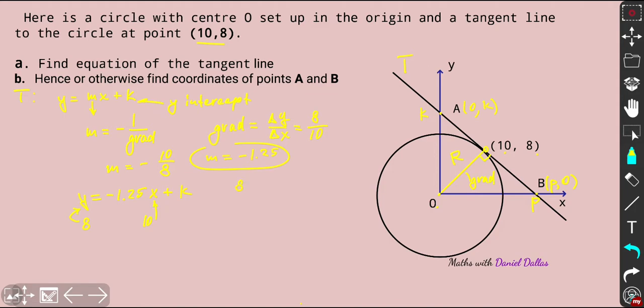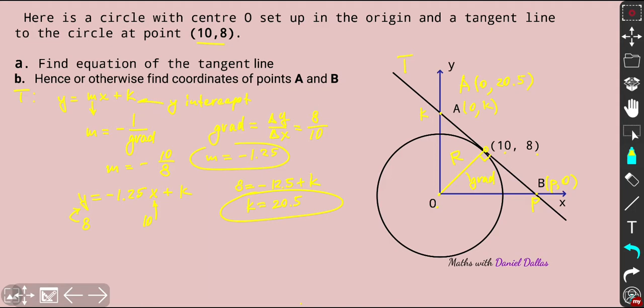We get 8 equals negative 12.5 plus k, so k is going to be 20.5. That means point A has the coordinates 0 and 20.5.